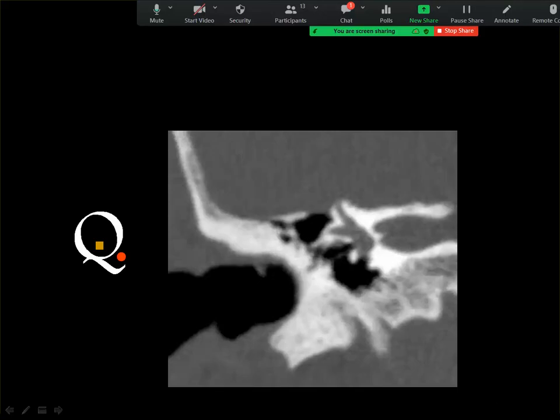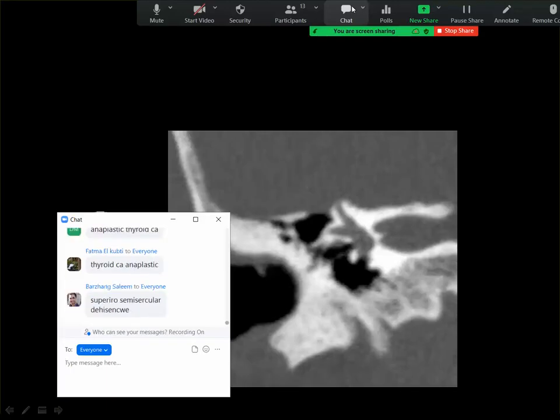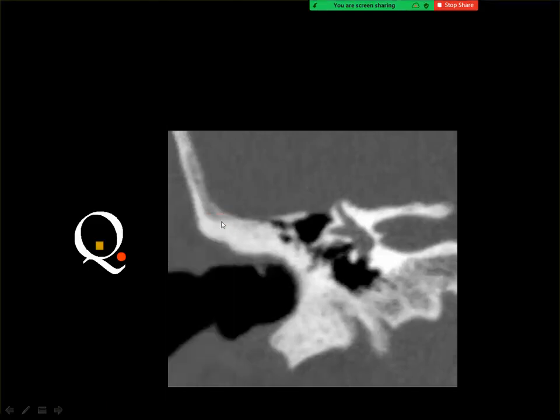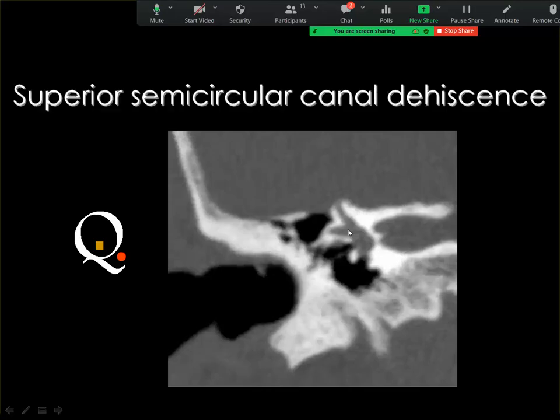And this is a CT of the petrous bone. Yes, very good. This is superior semicircular canal dehiscence syndrome. You see that the bony margin covering the superior semicircular canal is not present. This is the lateral semicircular canal, and this is the facial nerve, of course.